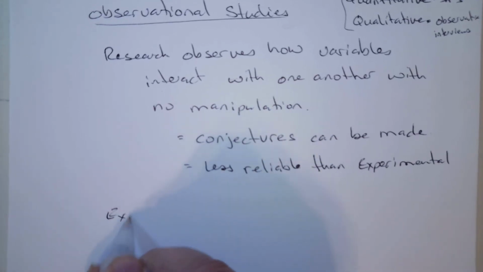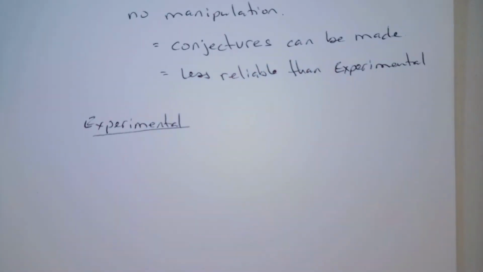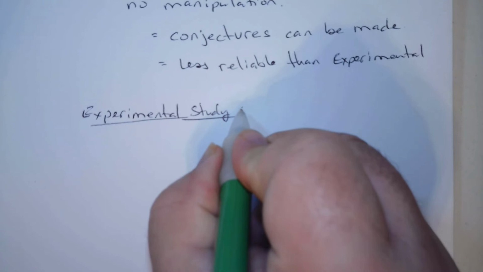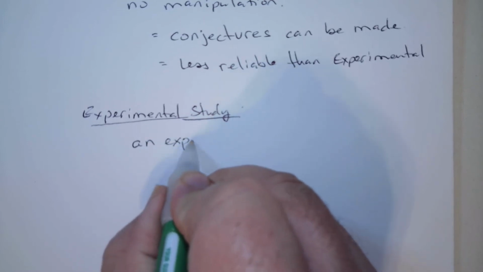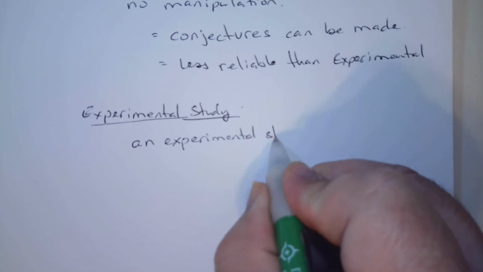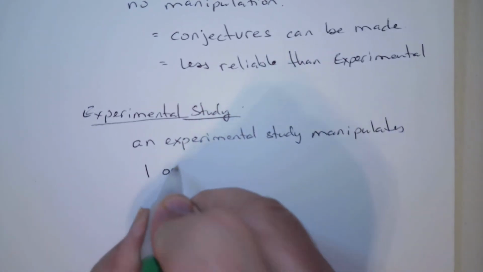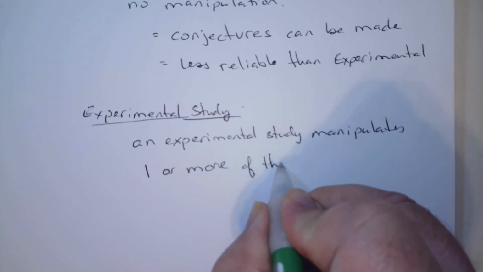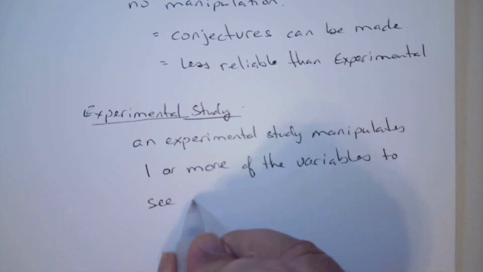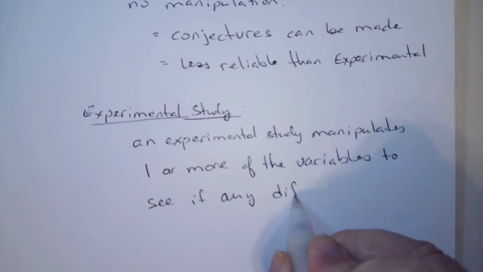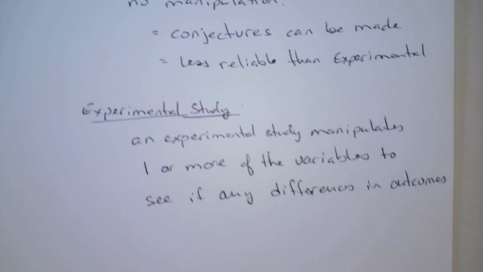Okay, what's experimental? An experimental study manipulates one or more of the variables to see if any differences in outcomes occur.